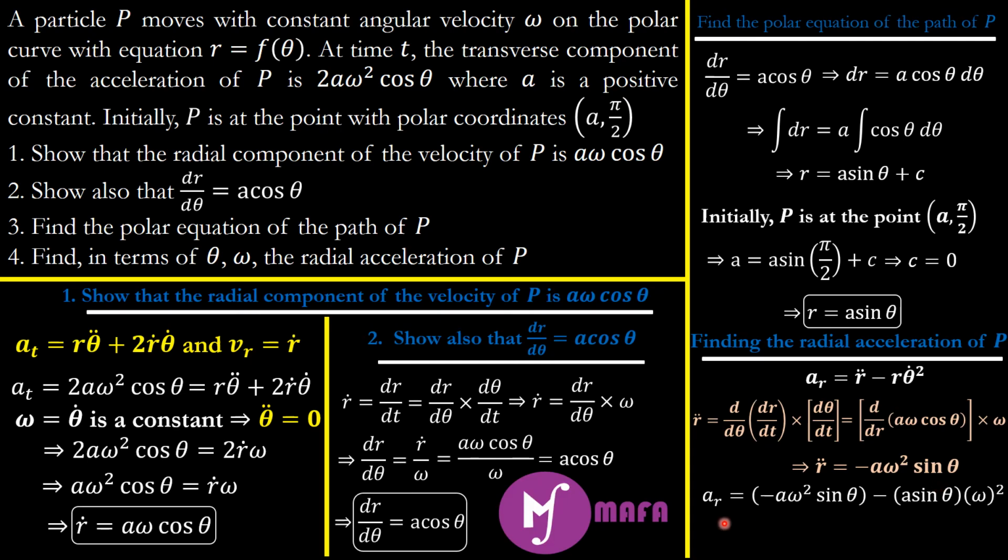So our radial acceleration is given by r double dot, which is this, minus r, which is a sine theta as we have here, times theta dot squared. Our theta dot is omega, so theta dot squared is omega squared. If we simplify, we get that our radial component of acceleration is negative 2a omega squared times sine theta, and the equation is done.